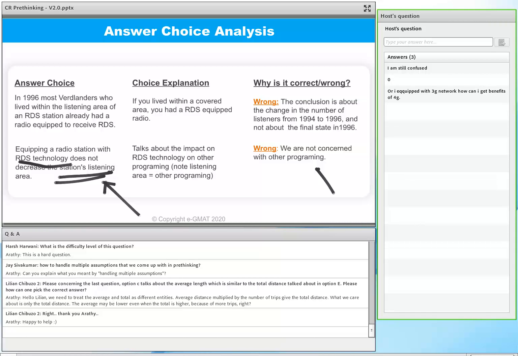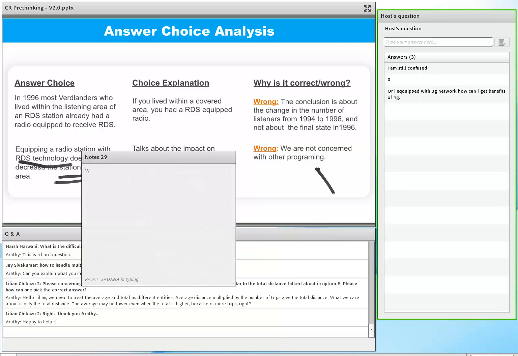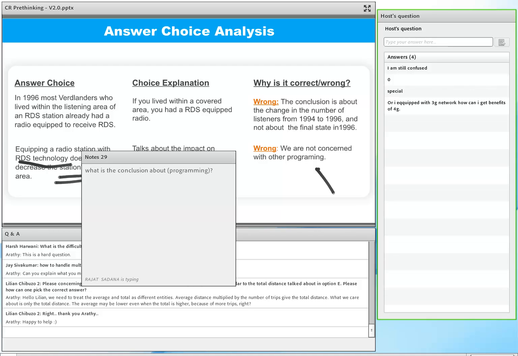Let's look at this. What is the conclusion about? What kind of programming is the conclusion about? Special, right? It's only about special.